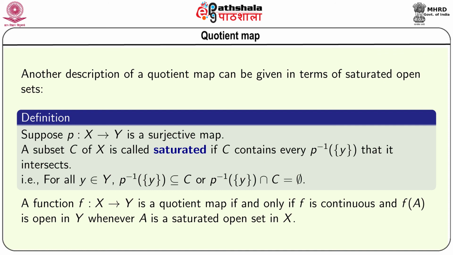A function f is a quotient map if and only if f is continuous and f(A) is open in Y whenever A is a saturated open set in X.